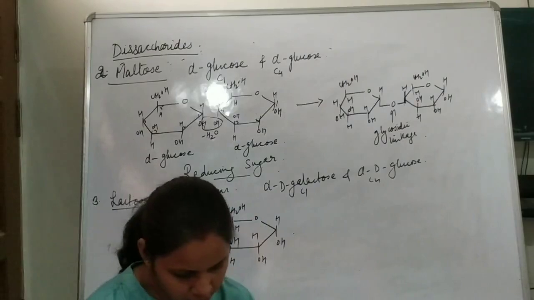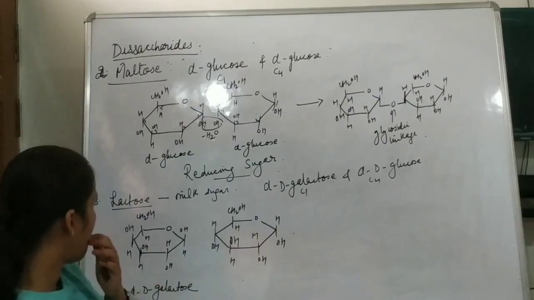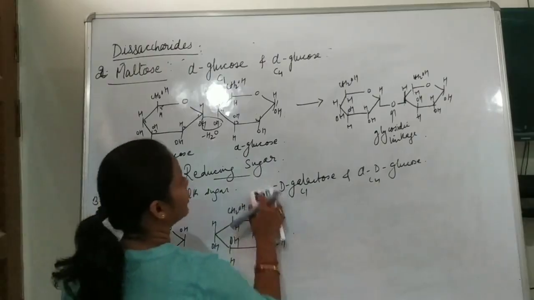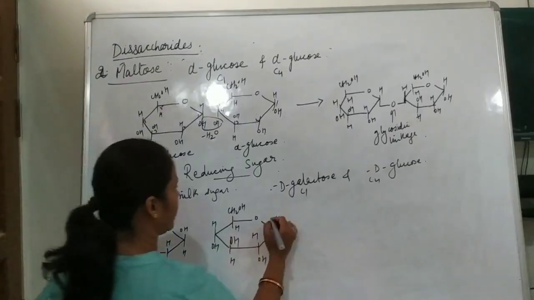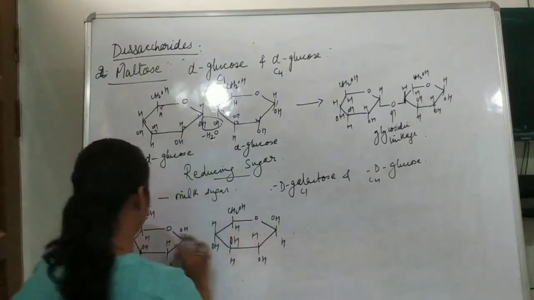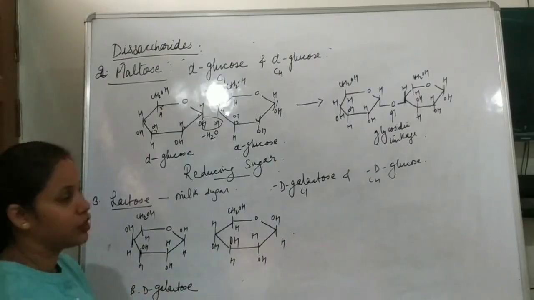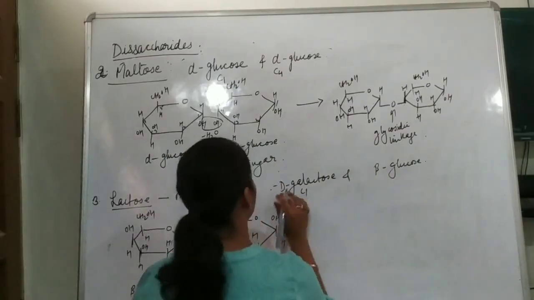In this case, I think I have written something wrong. Sorry about this, it will be beta D galactose and beta glucose.